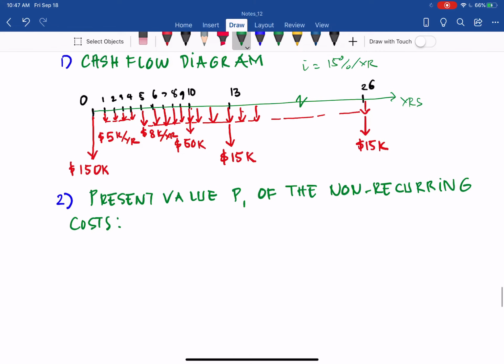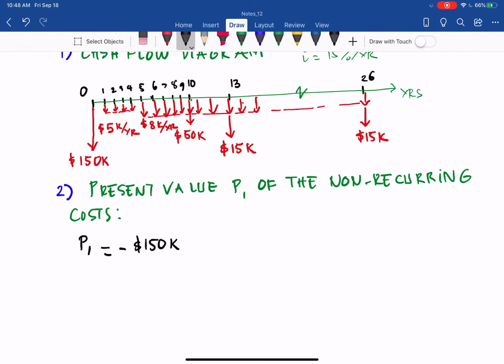In this case, the P1 that we call that here, non-recurring. The first is the initial cost, 150,000. The second is additional spending 50,000 at year 10. So you have negative 50,000. And you bring that to the present value.